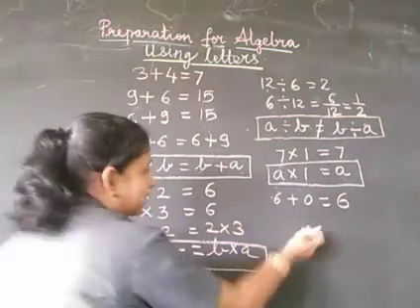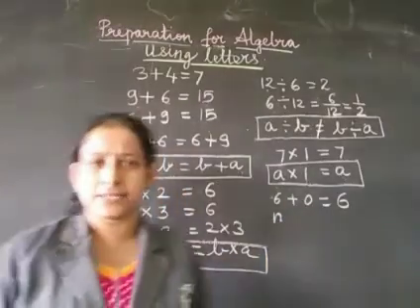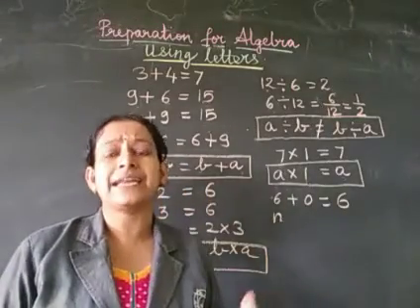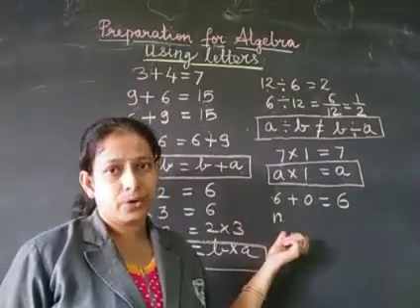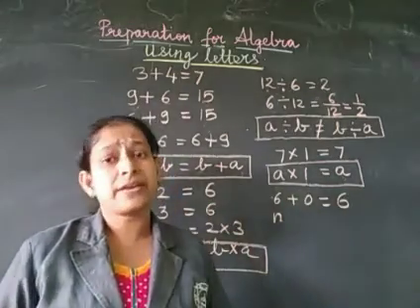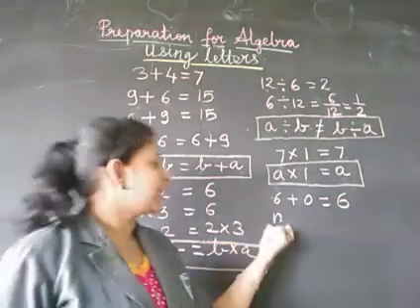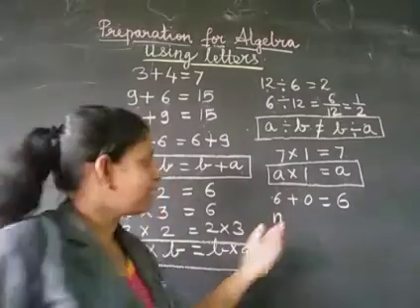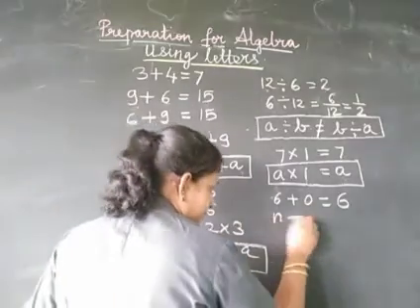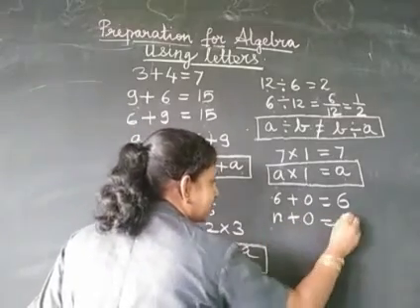That is, any number, let's suppose that number be n. You can use any letters from A to Z. So let that number be n here. Or you can take X, you can take Y, any letters you like. N, any number, if 0 is added to any number, you get the number itself.